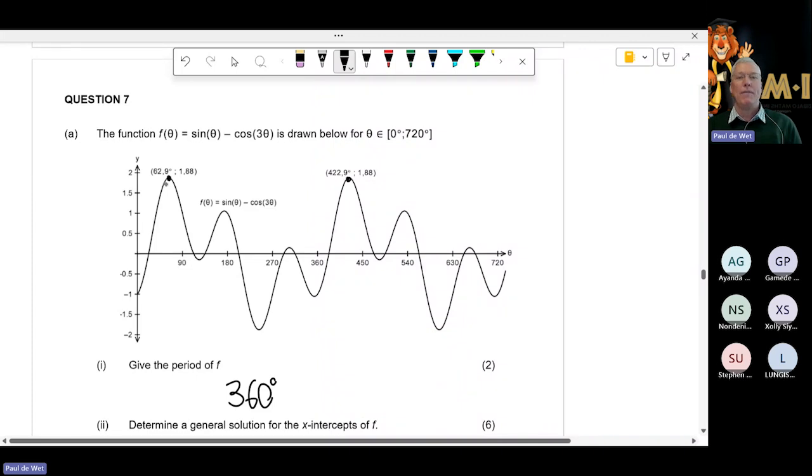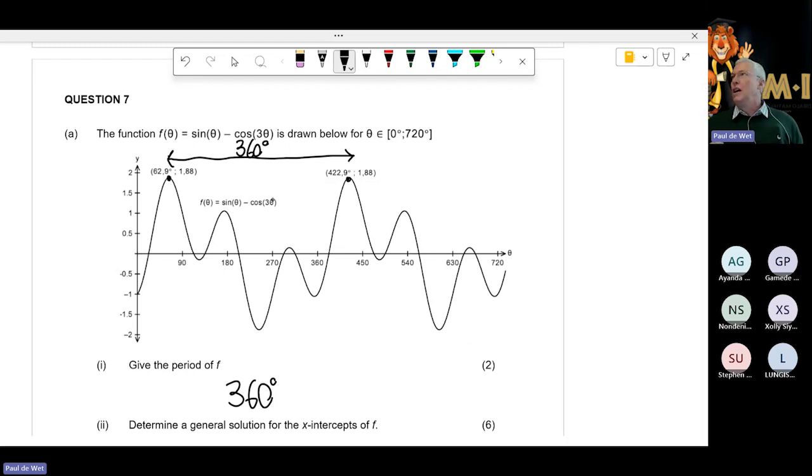From there, it just repeats. So this distance here is 360 degrees, and that's the period. Is this a fair question or an unfair question? It's unusual. I don't think it's unfair, because if you understand what period is, then you can answer this question.